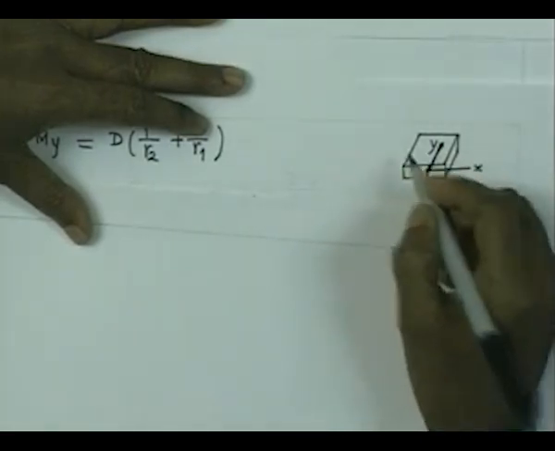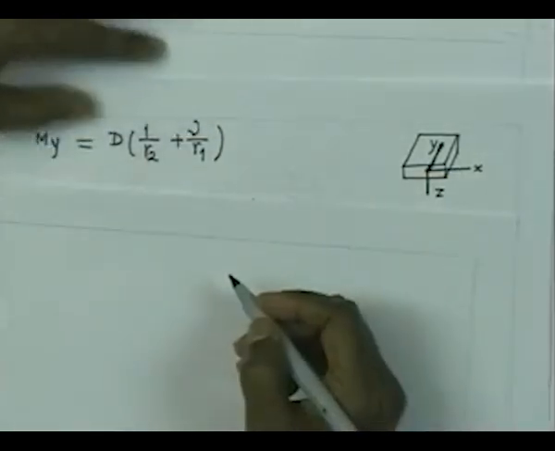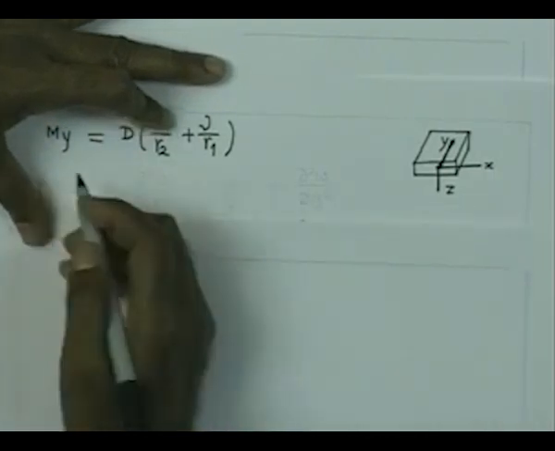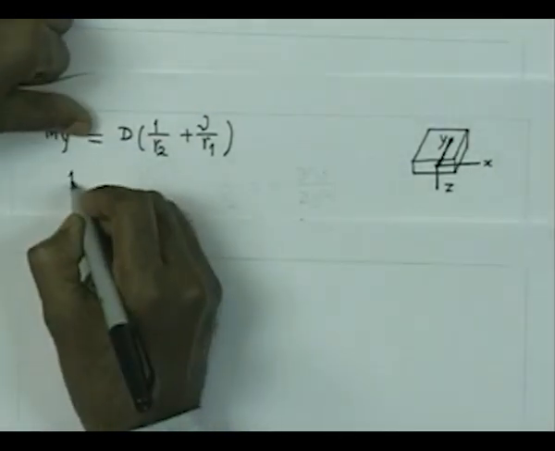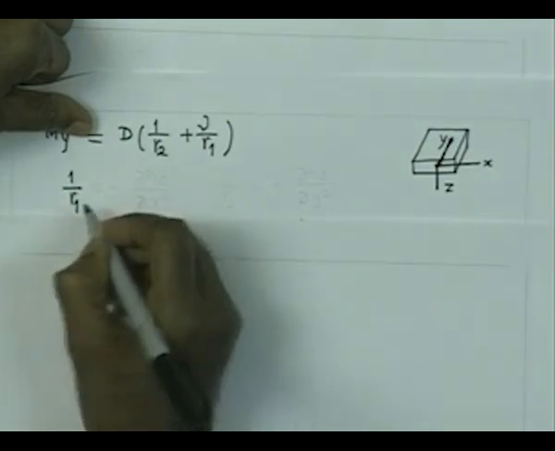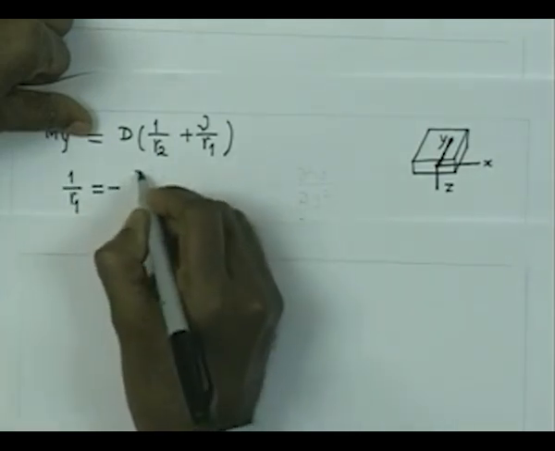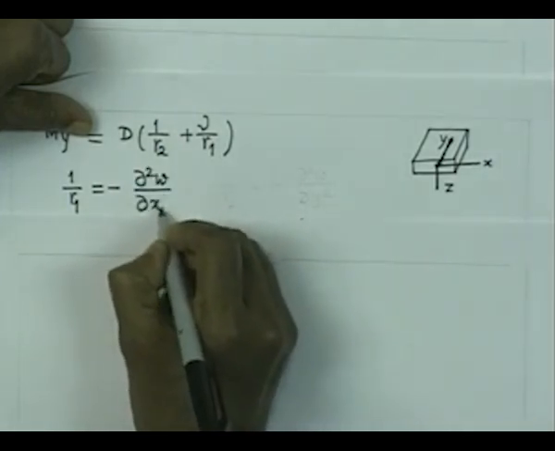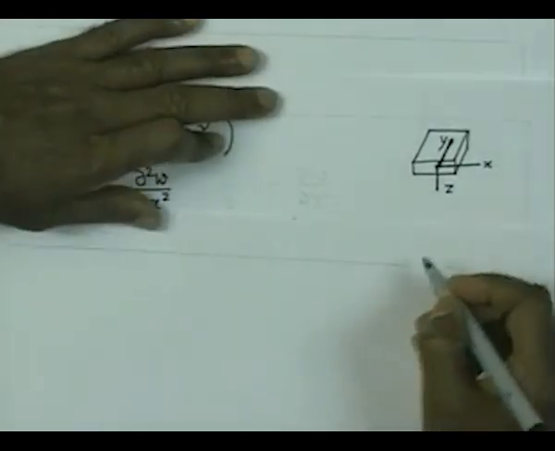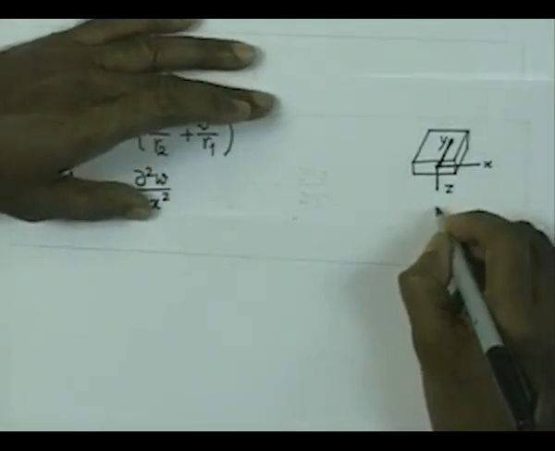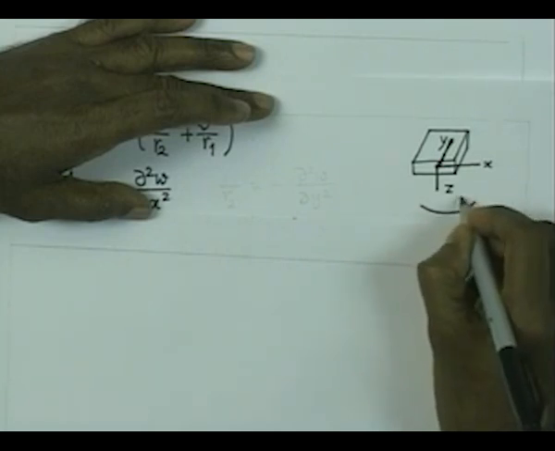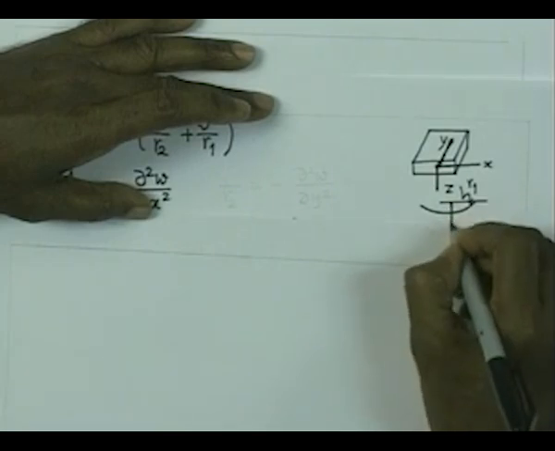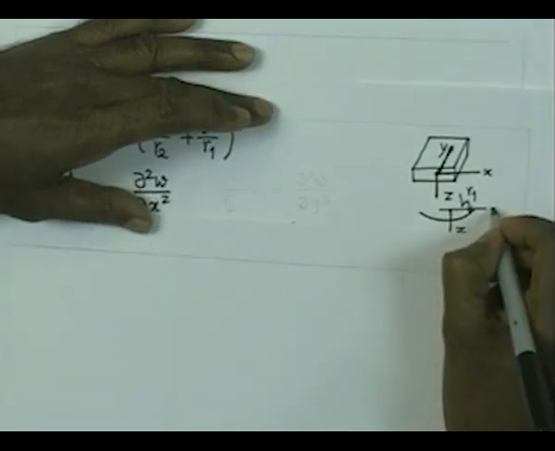That is what we have considered to be positive. Therefore, we would have the relationship between the curvature and the radius of curvature given by, for small deformation, 1 by r 1 is equal to del 2 w by del x square, since the deflection is in this direction and this is x.